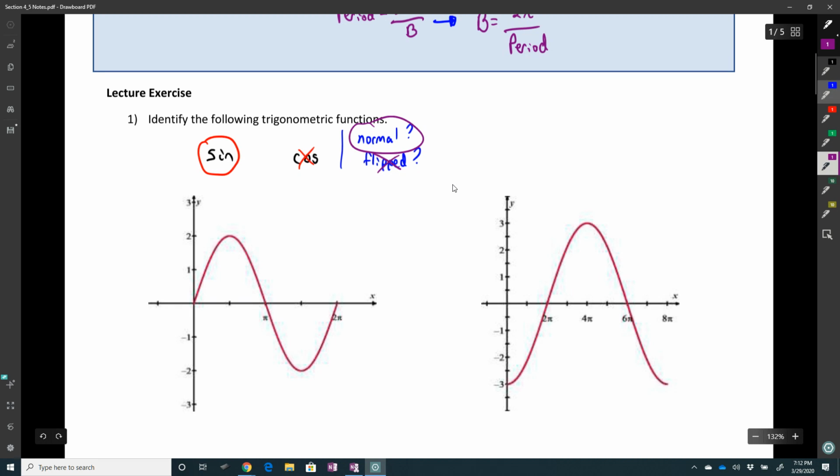All right, and then you have to ask yourself, are there any shifts? Basically, does it go up or down? Does it go left or right? And the answer to this is no. It's a normal sine that starts at 0, 0.